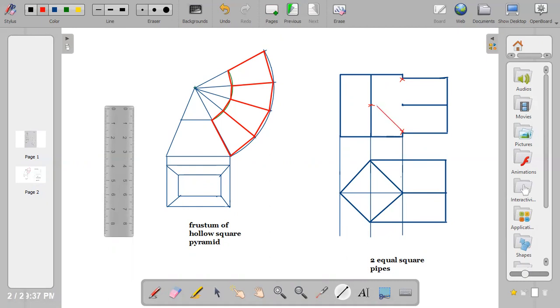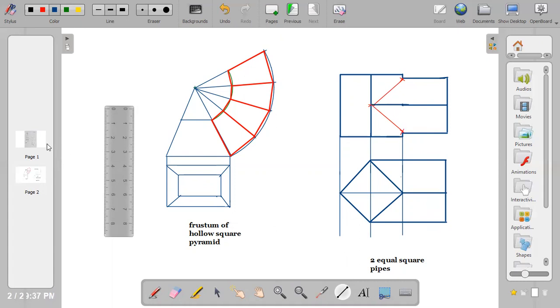You take it, just connect together, then you can extend this. That gives you the line of intersection.